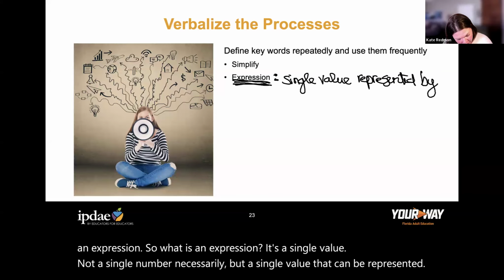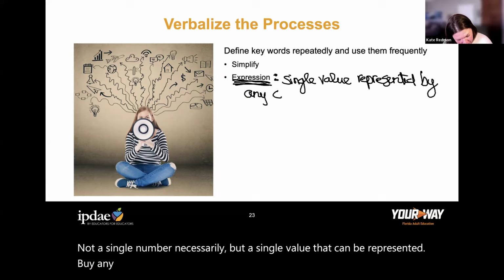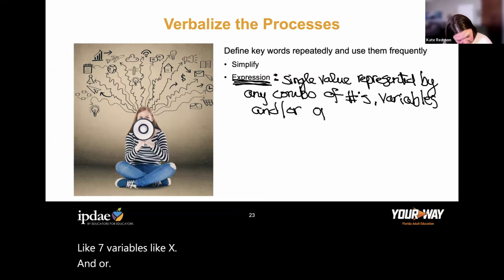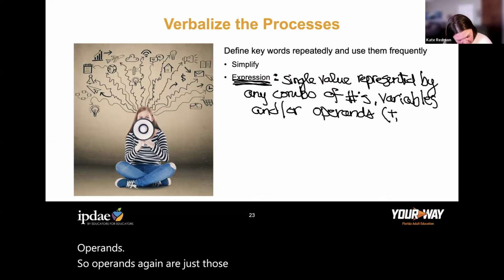by any combo of numbers like 7, variables like x, and/or operands. So operands again are just those operational signals, symbols like plus, minus, multiply, divide, yada yada.